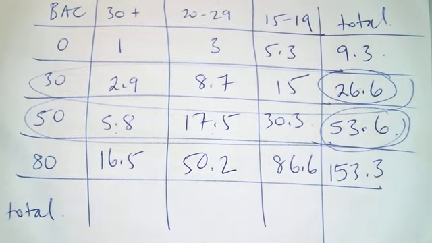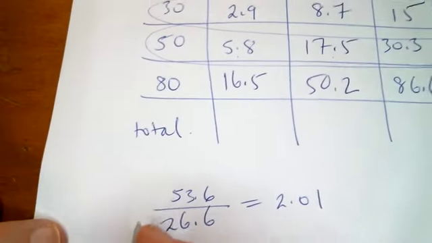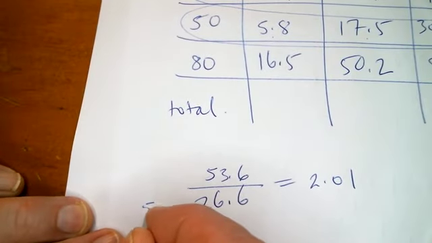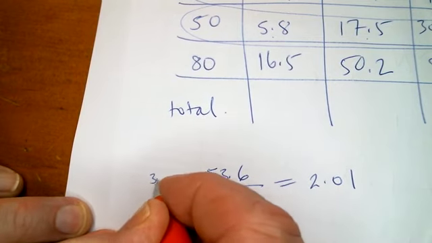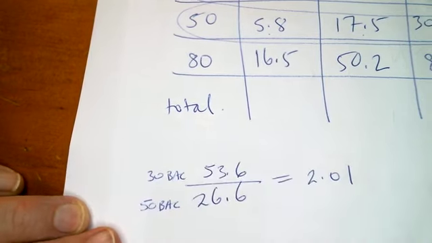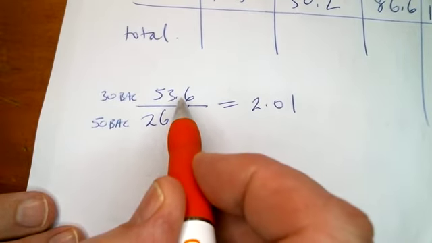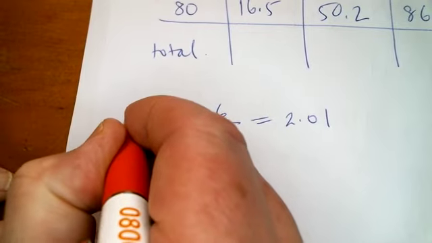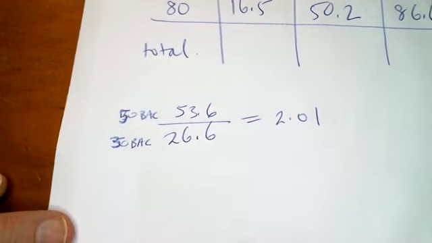And that's what I've done here. And I haven't done this very well, by the way. This is the probability of the 50 group. This is the 50 blood alcohol content. And over here is the 30 blood alcohol content. Oh wait, I lied. Ignore that, that's 50, this is 30. Crikey, doing it on the fly is not good.